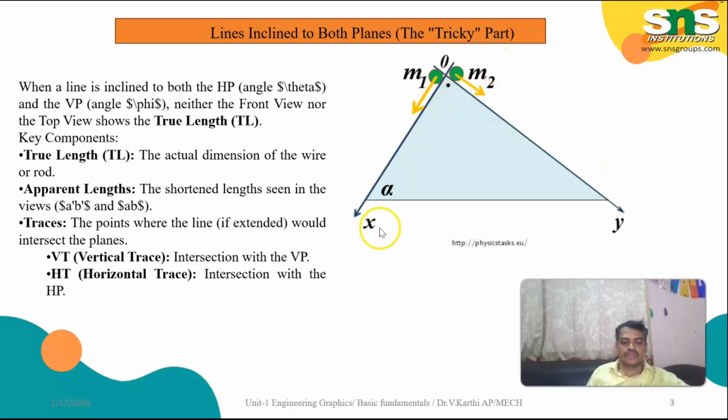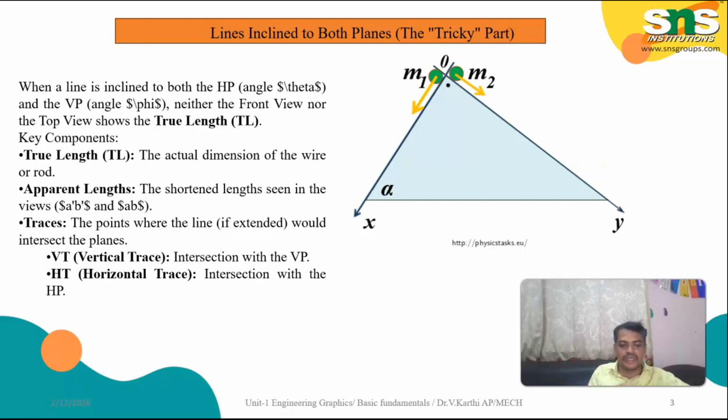Theta is the inclination to HP, phi is the inclination to VP, and the true length is equal to the actual length of the line. Apparent length is the shortened projection. Why are both views shortened?